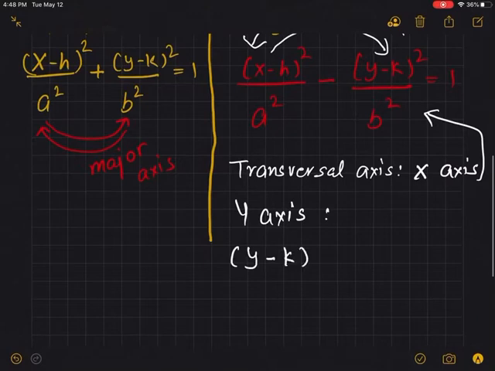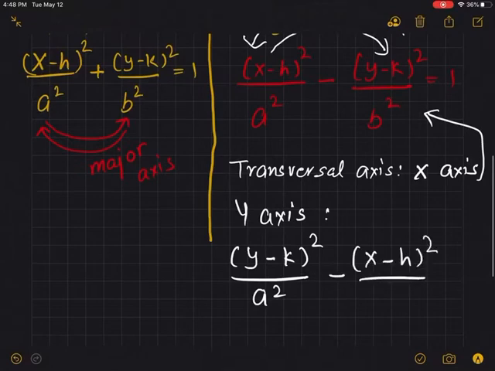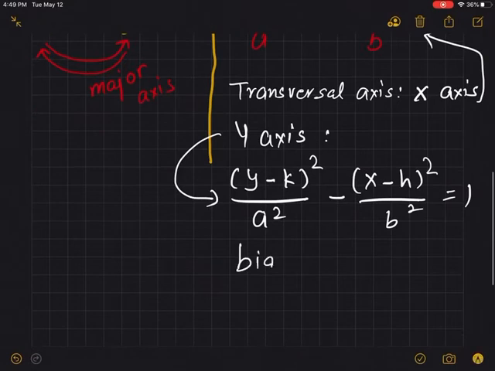It would be y minus k squared. Remember, a and b would stay the same. So that's going to be the equation if the transversal axis is the y-axis, okay? So whatever comes first is your transversal axis. It's no more by the bigger number, so let me write that down. It doesn't go by the bigger number. No more. Nope, it's not. Instead, it goes by whichever axis has the hyperbola on it, okay?